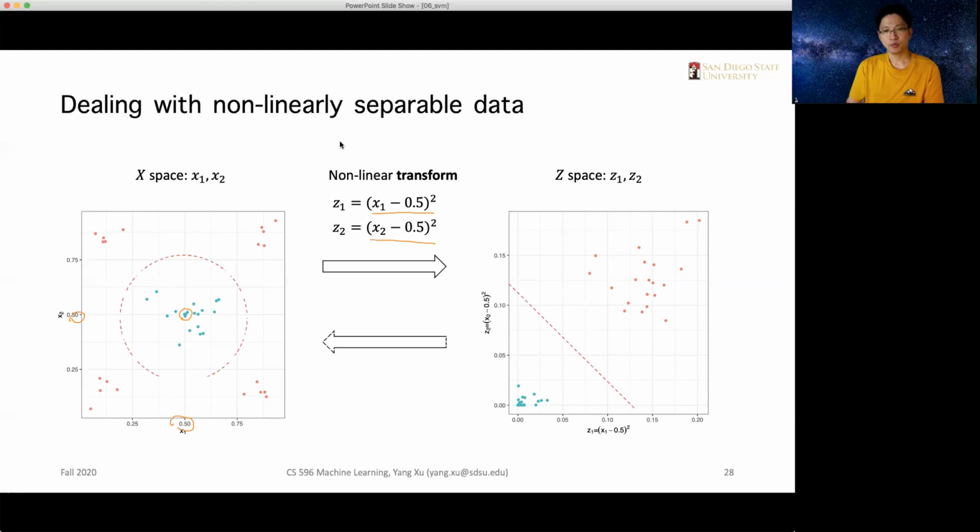If we draw decision boundaries, it'll be like this, and we can map the decision boundary back. It'll be kind of a circle. So that's a pretty practical technique in the case that we know the data are not linearly separable.